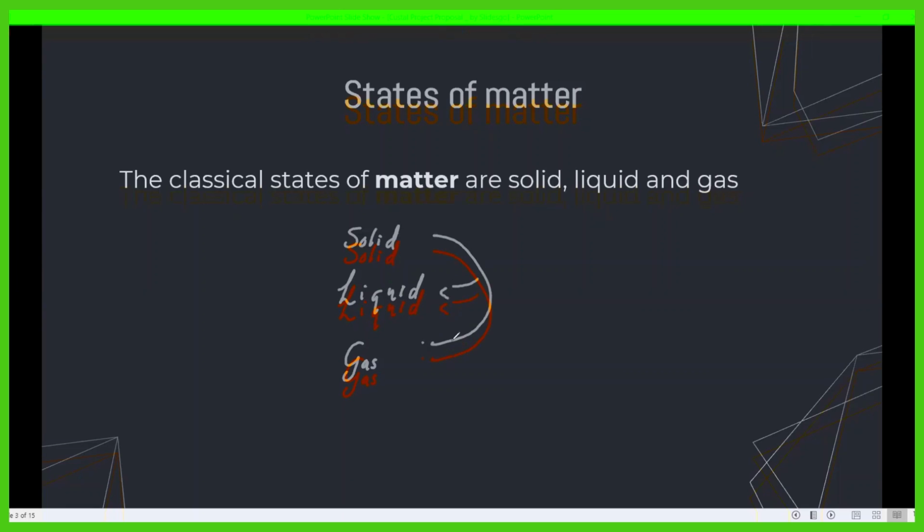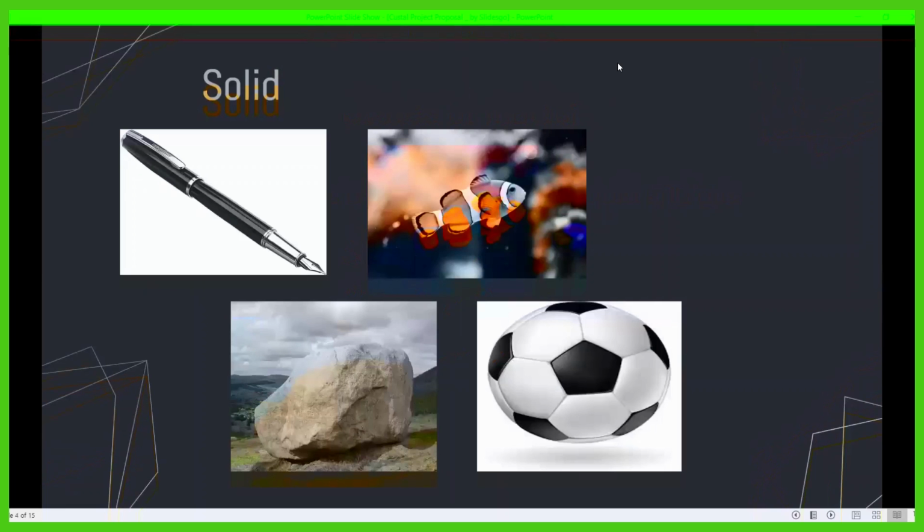It can be a liquid, it can be a gas, or else it can be a solid. And here I have given some pictures, some examples for solid. So it can be a pen, a stone, a ball, or any living organisms, including human, are matter, and especially that comes under the category of solid.